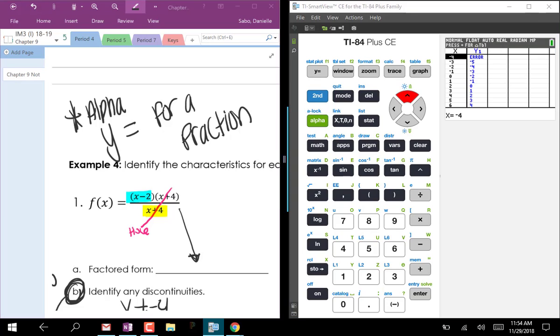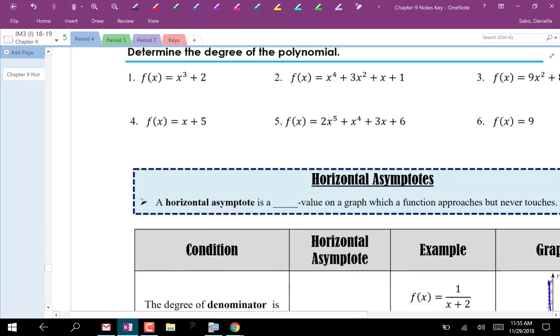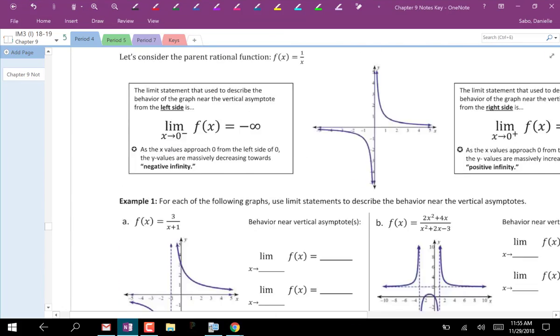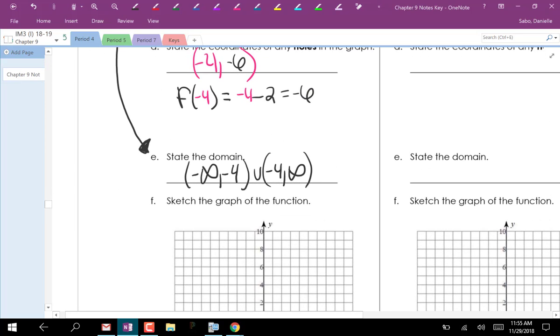Okay, so now let's go back and let's graph this out. I'm going to have this as a reference off to the side here. All right, so the only things that you need to draw in are your holes and your asymptotes. So if my computer will work for me here, maybe not. Here we go. Okay, the only things that you want to draw in are your holes and your asymptotes.